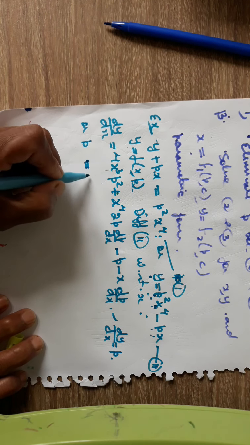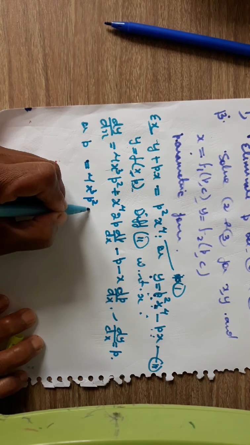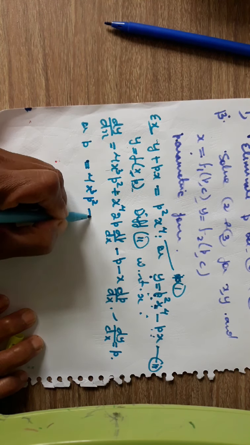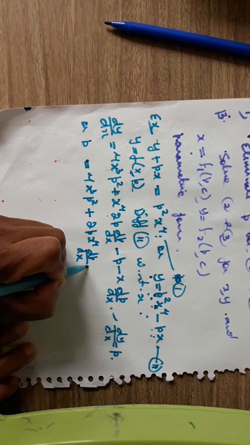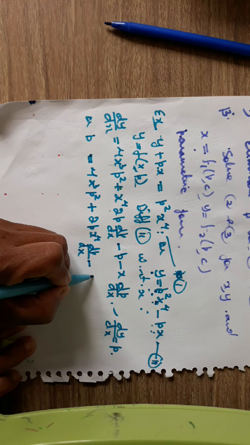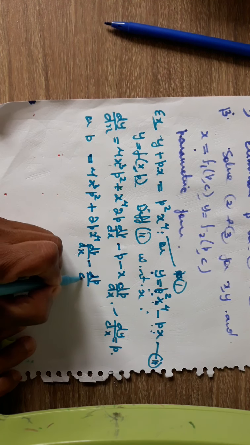So this is equal to 4x³p² + 2px⁴ dp/dx − dp/dx · x. Bring all the terms to one side: the p on the left becomes −p, and with the other −p it becomes 2p − 4. Bringing everything to this side, we have 4x³p² + 2px⁴ dp/dx − x dp/dx, which is equal to 0.